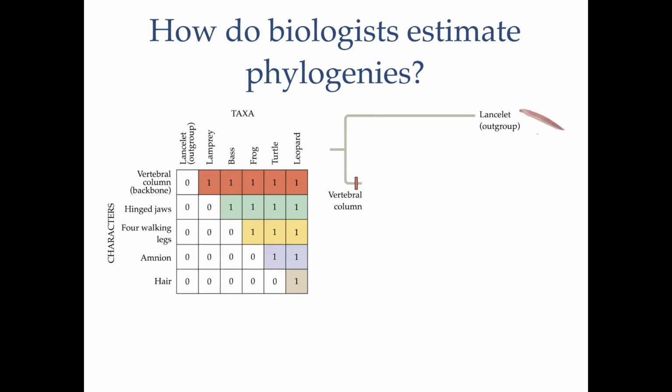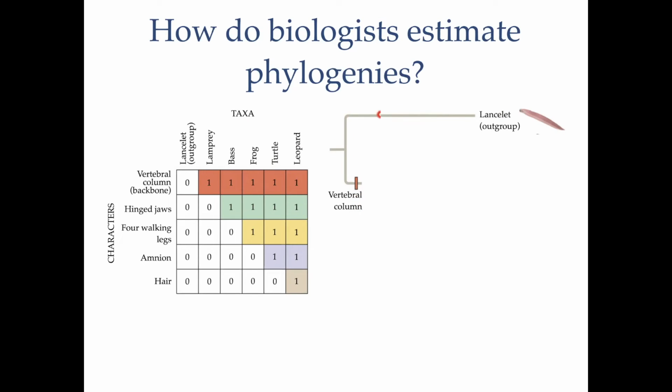Here, we know that we have lancelet as an outgroup, and it does not have any of the characteristics that we have for the other organisms here. So our root would be here, and we know that our outgroup diverged before everyone else that we have in the in-group. And the very first characteristic that appeared was the vertebral column.